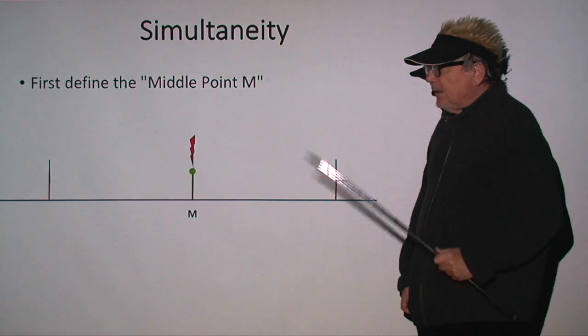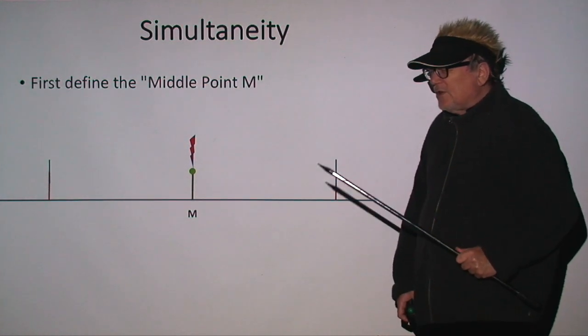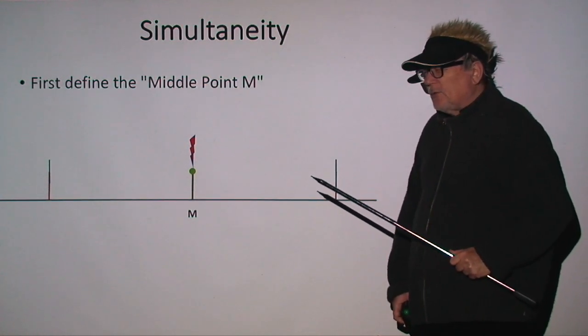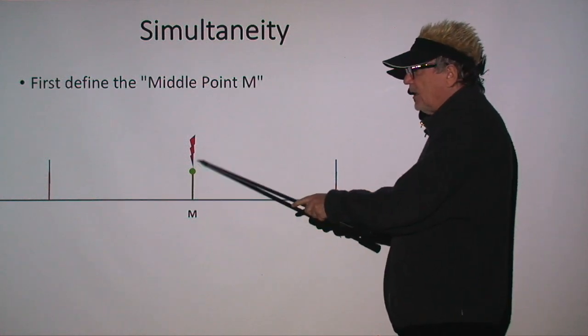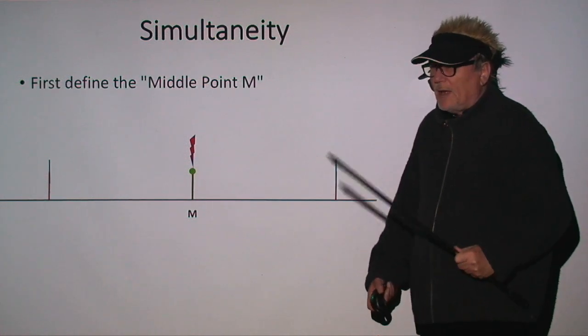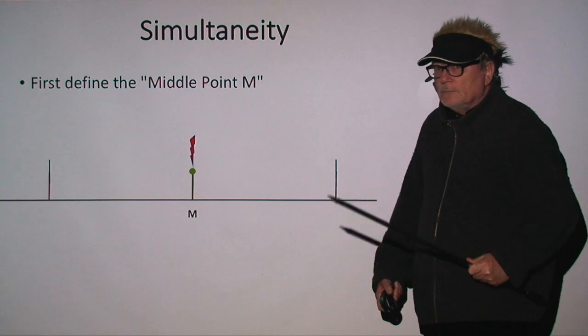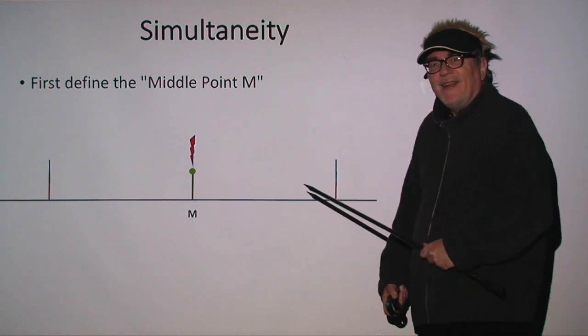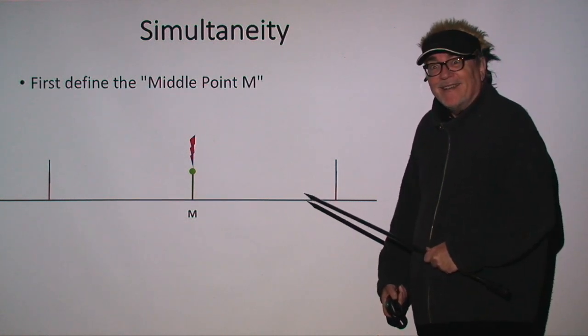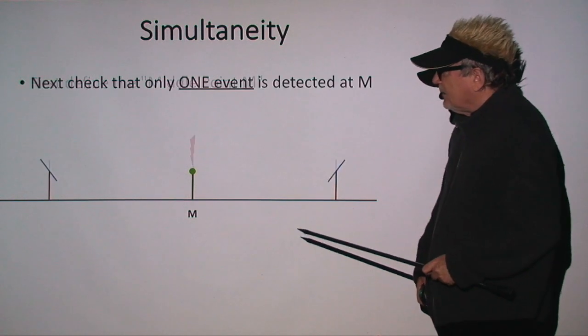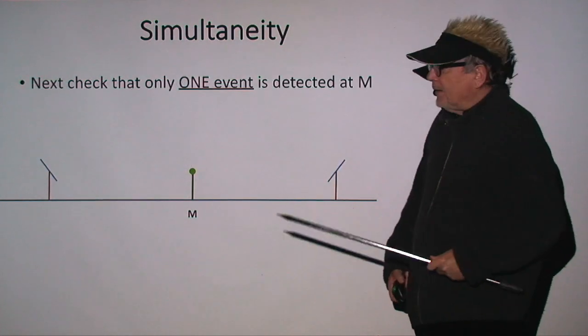But we, again, used a word which is not supposed to be there. We said at the same time. What does that mean, at the same time? Because time, we don't know what it is yet. We have not defined it, right? So let's do it in another way.